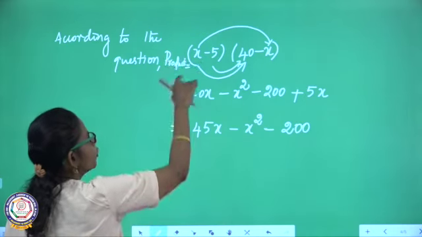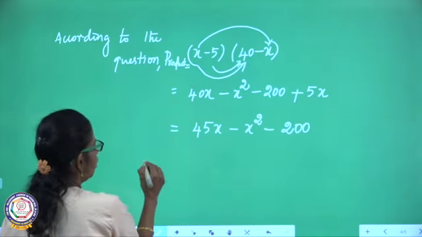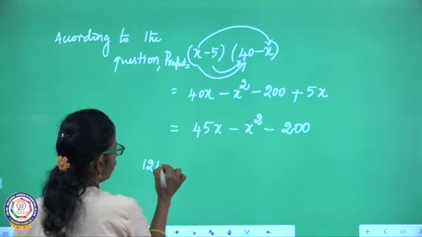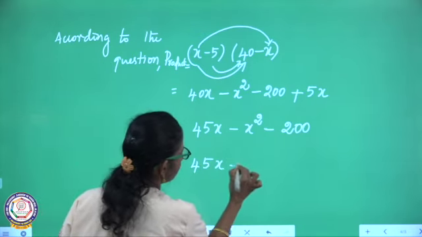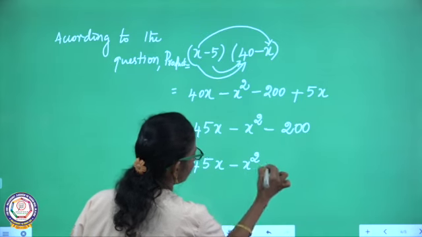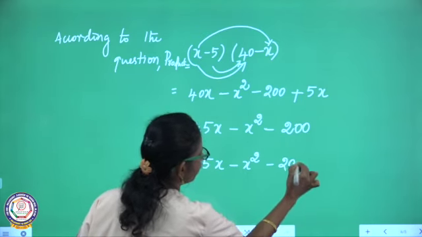So the word product I am going to replace by 124, equal to 45x minus x square minus 200.